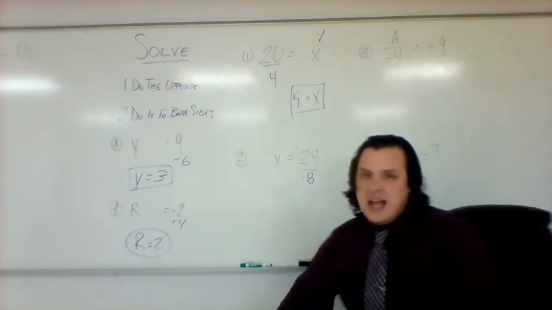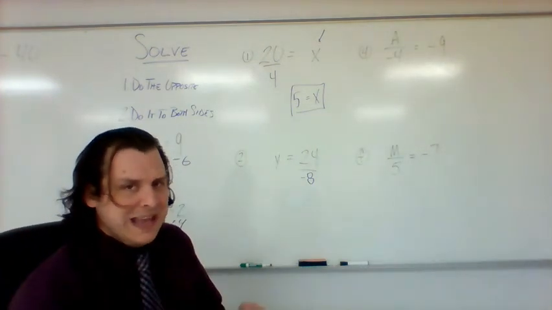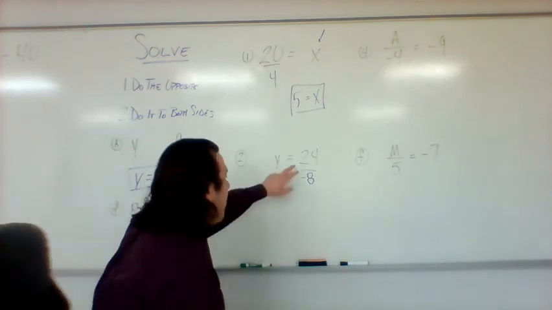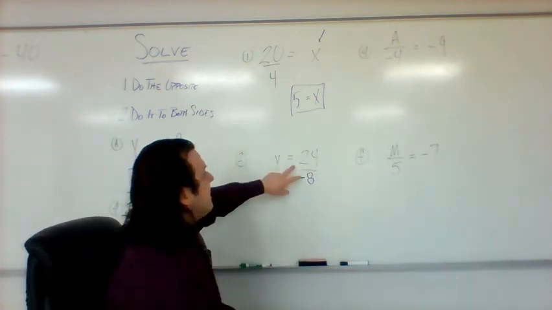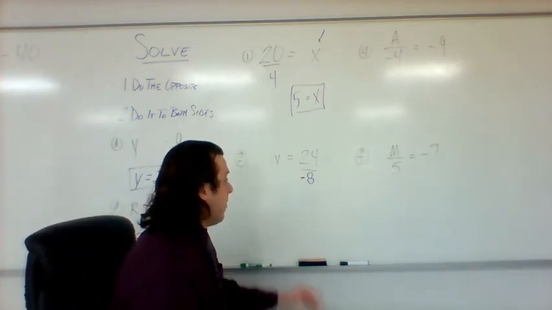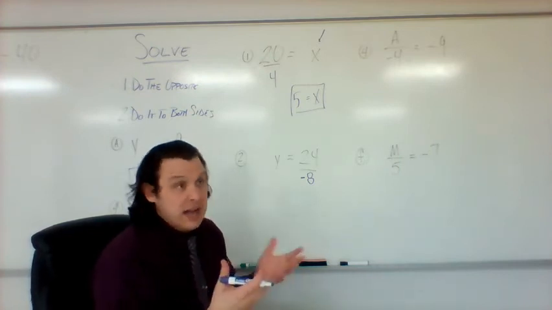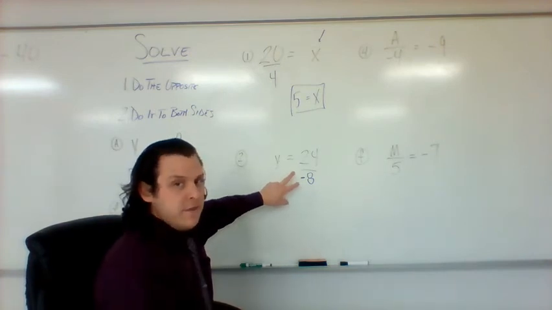Okay, so let's come to this side, and before we continue, let's decide if our answer is going to be a positive or a negative. So I have a positive 24 and a -8. How many negative signs do we see? Well, we see 1. Is that odd or even? That's odd. And what does an odd amount of negatives mean for our answer?